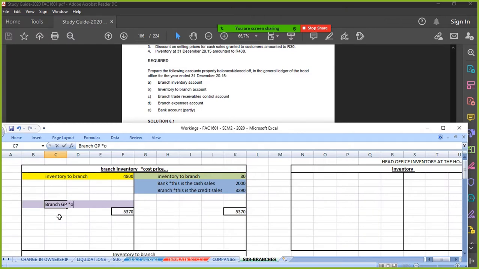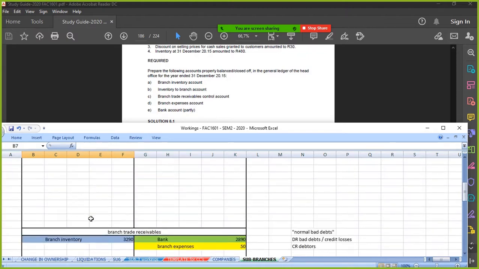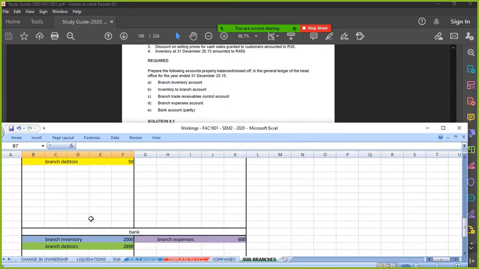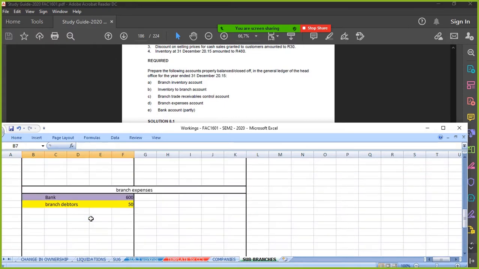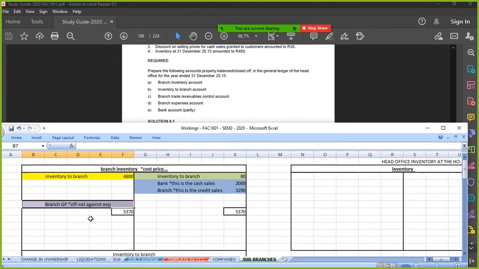That would be offset against the expenses. Because I don't have a profit account, I'm just going to offset it against the branch, because they wanted me to show these accounts. You have to close this account off. You weren't asked to draw up other accounts, so I'm not going to draw up other accounts. I'm just going to close this off.